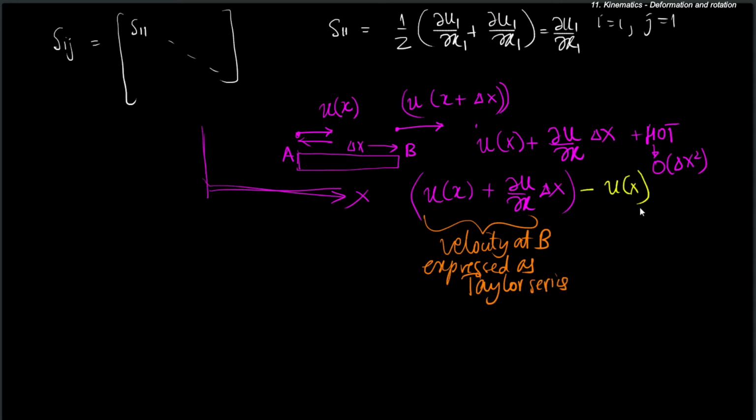So this u at x gets cancelled, and the relative velocity is del u del x delta x. Alright, so the velocity at point B is higher than the velocity at point A, in the sense that under the sign convention we assume that del u del x is positive.